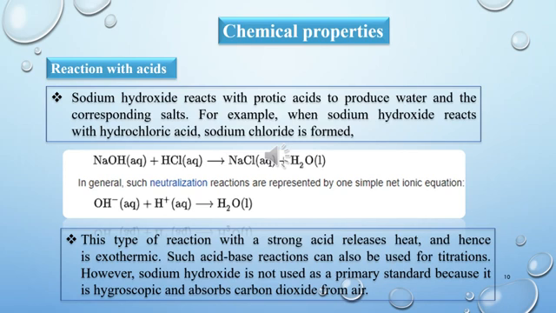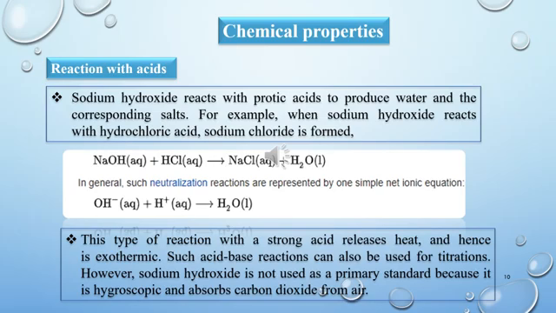Sodium hydroxide reacts with protic acids to produce water and the corresponding salts. For example, when sodium hydroxide reacts with hydrochloric acid, sodium chloride is formed.